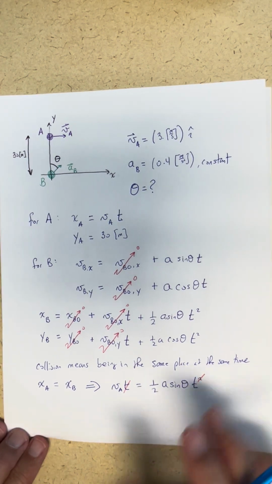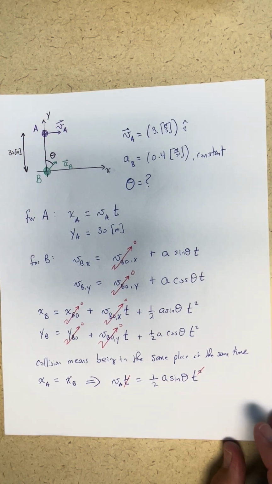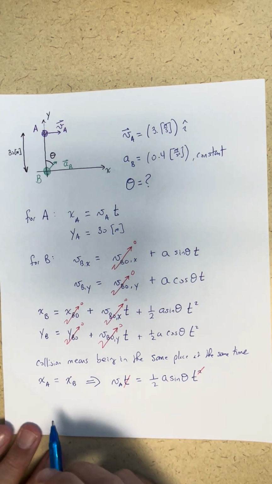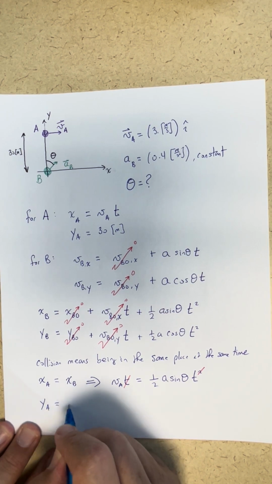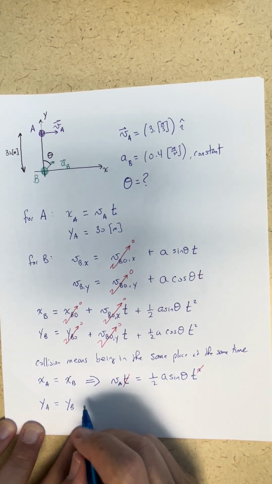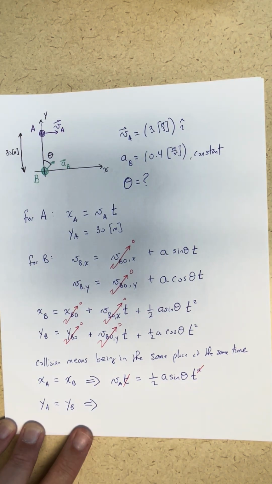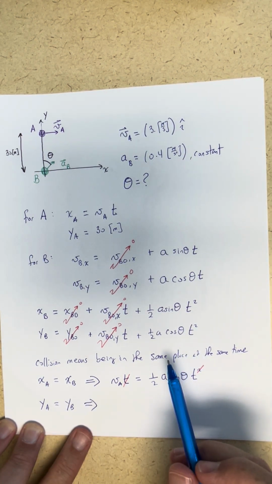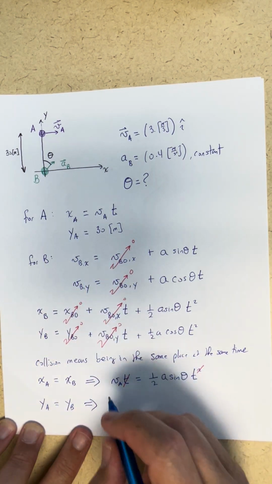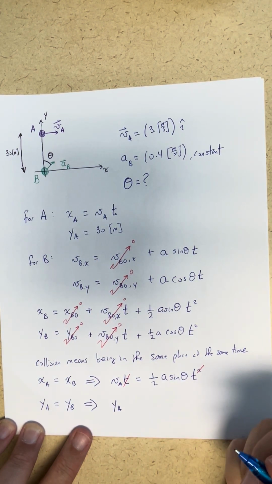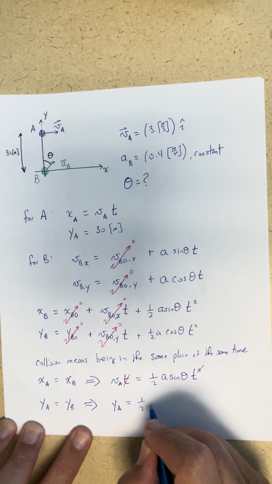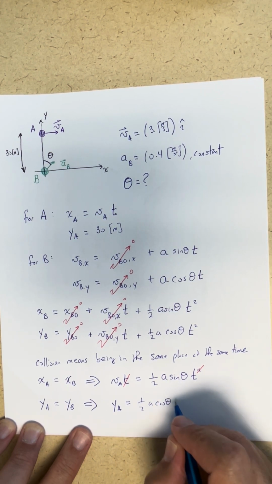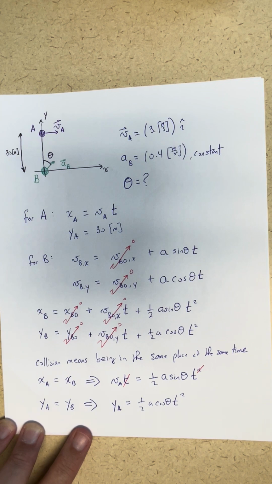And then the other equation that we can use to figure out when and where the collision is, is that the y coordinates of puck A and B have to agree with each other for some particular time. And this is just a constant, y sub A, and that has to equal a half acceleration cosine theta times t squared. Okay.